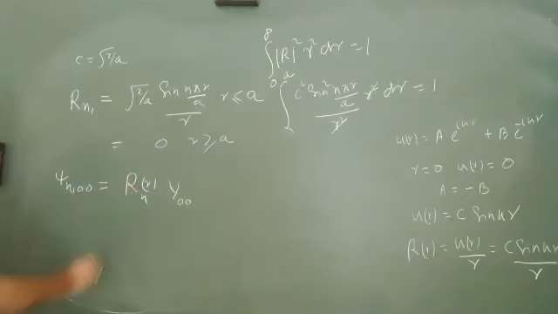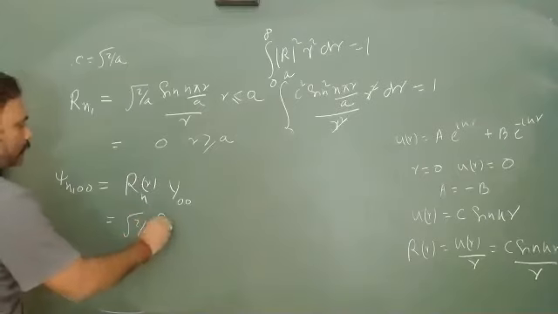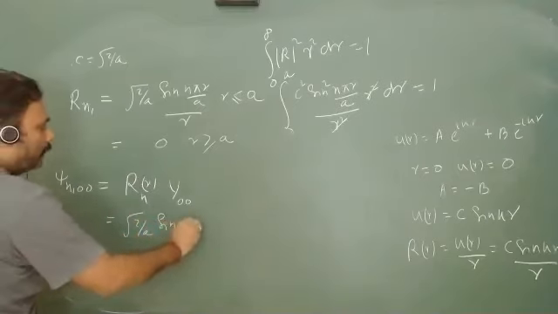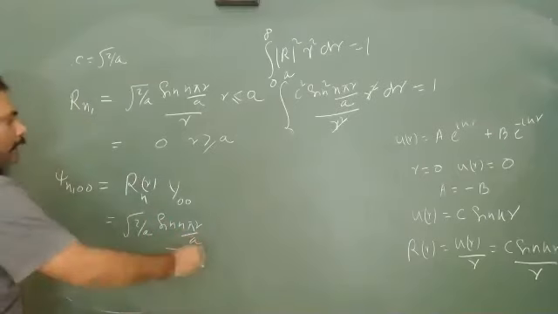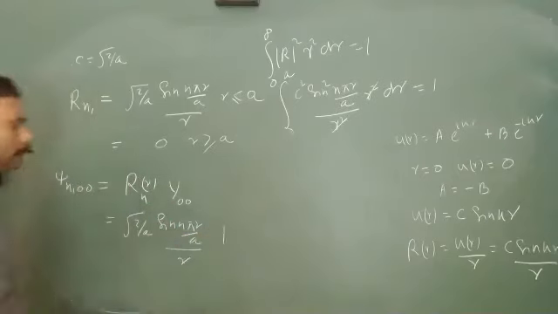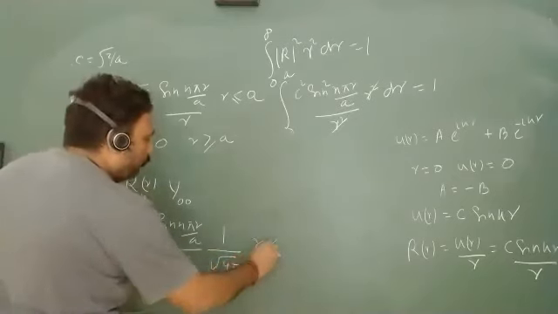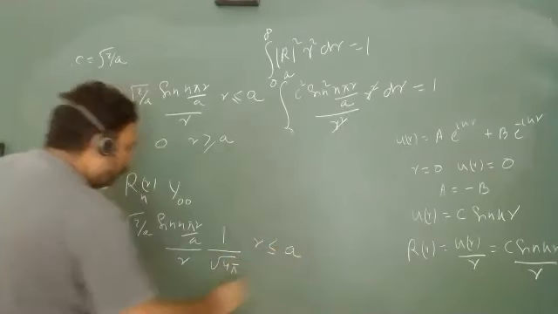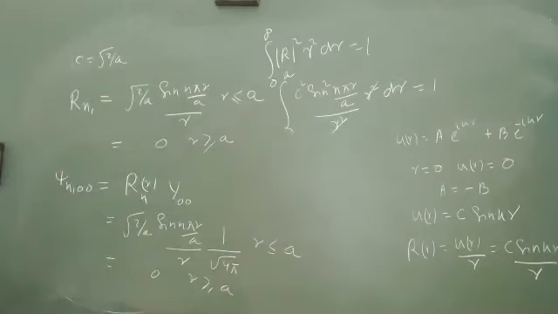And what is the radial wave function? The radial wave function is again root 2 by a sine n pi r upon a by r. And what is Y 0 0? Remember, Y 0 0 is 1 upon root 4 pi. That's it. That will be for r is less than a, and 0 for r is greater than a.